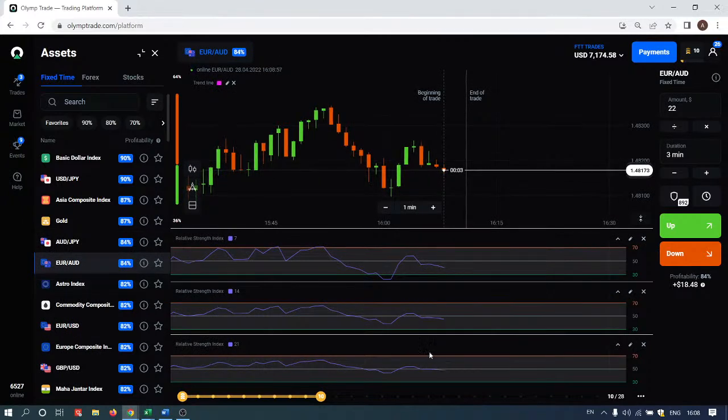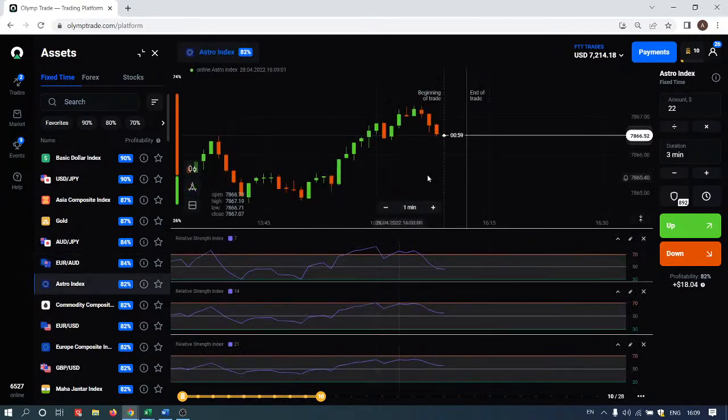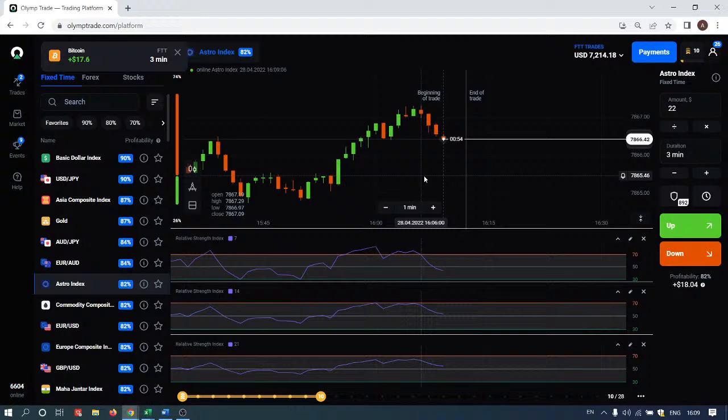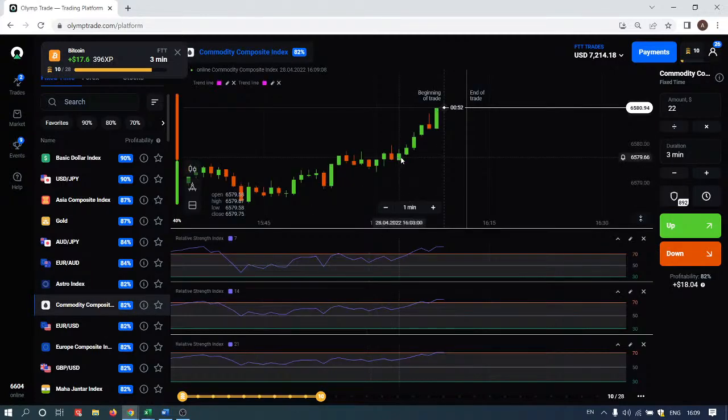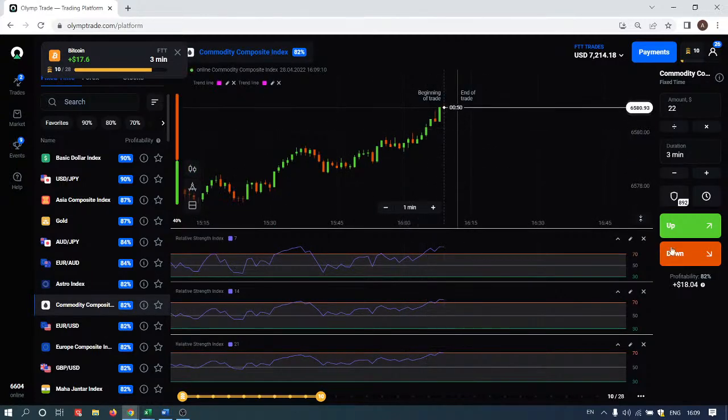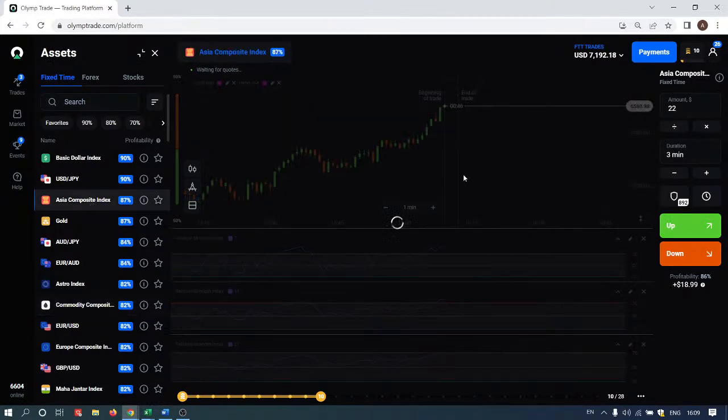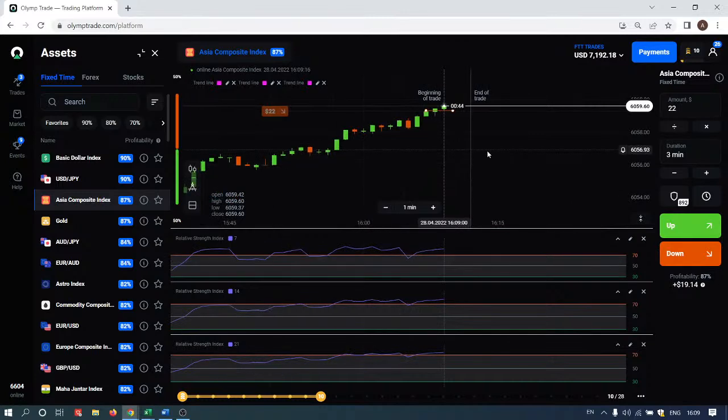But with the triple rebound strategy, like even here on Euro AUD, the euro against the Australian dollar, no. Guys, I don't know if you have this signal available, Astro Index. It's available on some accounts, but not on all, I think. Let's try this one, CCI, Commodity Composite Index, and ACI, Asia Composite Index.